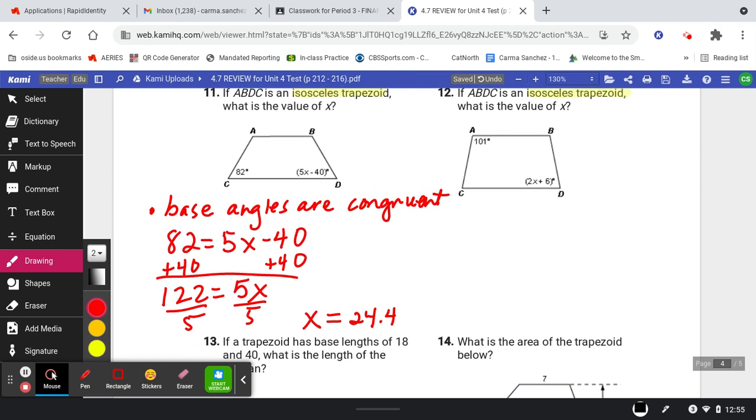All right, what's the value of x on this next one? Okay, remember that opposite angles are supplementary. So these two are opposite in a parallelogram, are equal, but are opposite in an isosceles trapezoid are supplementary.